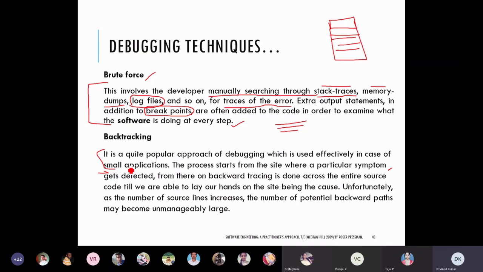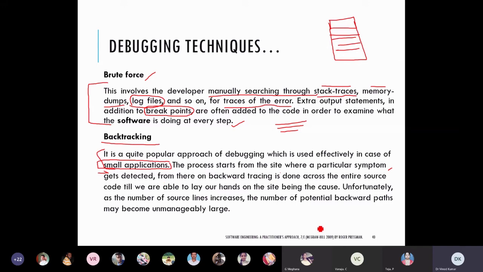Next is backtracking. Backtracking means going back. Suppose at a particular location some error came. From that point I will go back line by line. It is a quite popular debugging approach, used effectively in the case of small programs. The process starts from the site where a particular symptom gets detected.